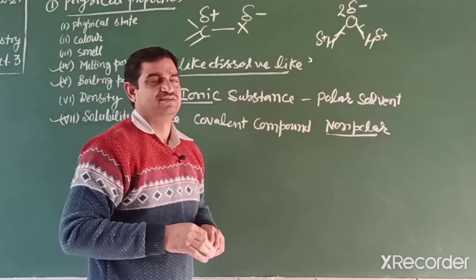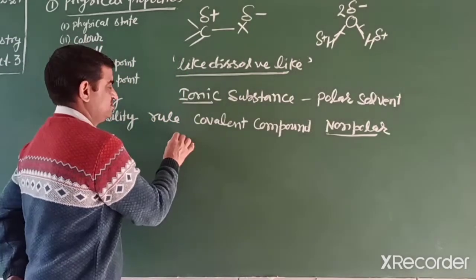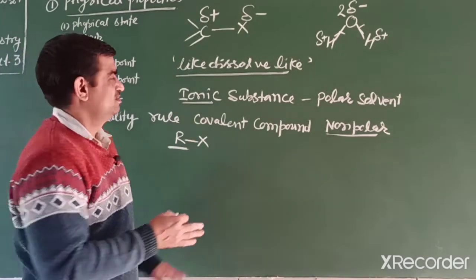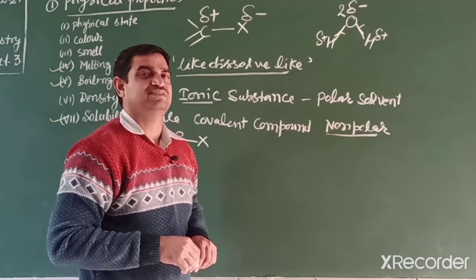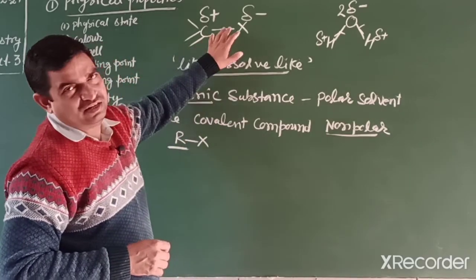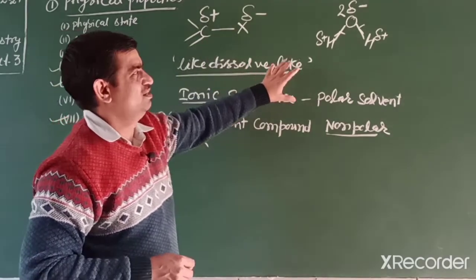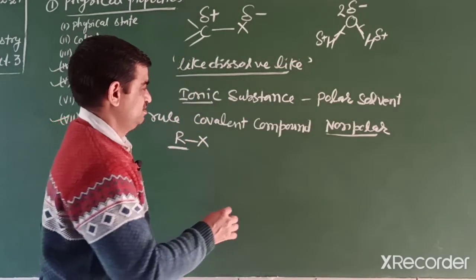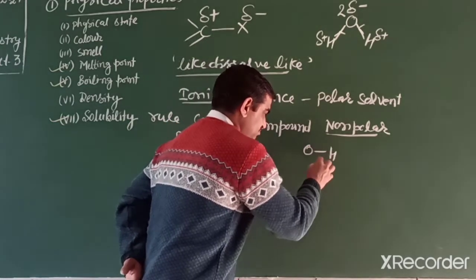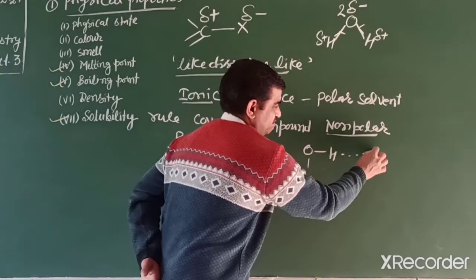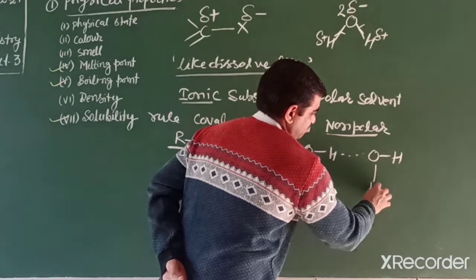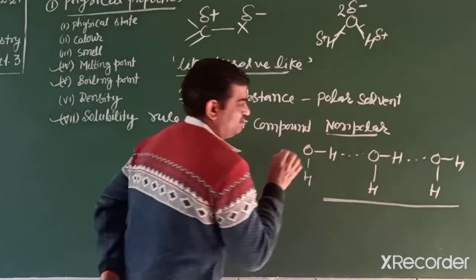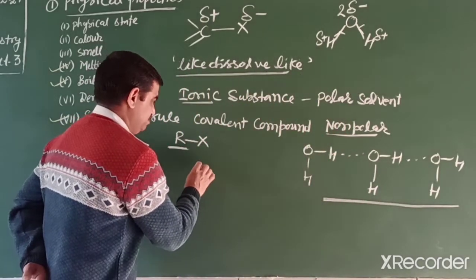What is the reason? When the alkyl group size increases, solubility decreases. This type of question comes in the exam: although alkyl halides are polar, why are they only partially soluble or less soluble in water? The reason is that water has intermolecular hydrogen bonding between water molecules.